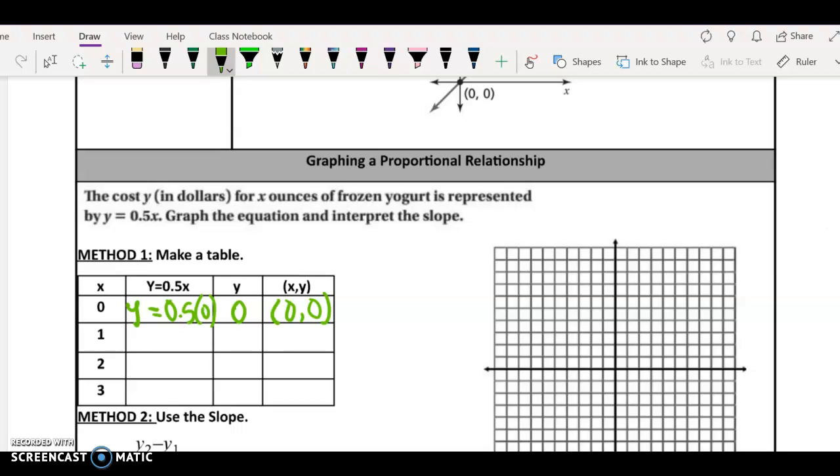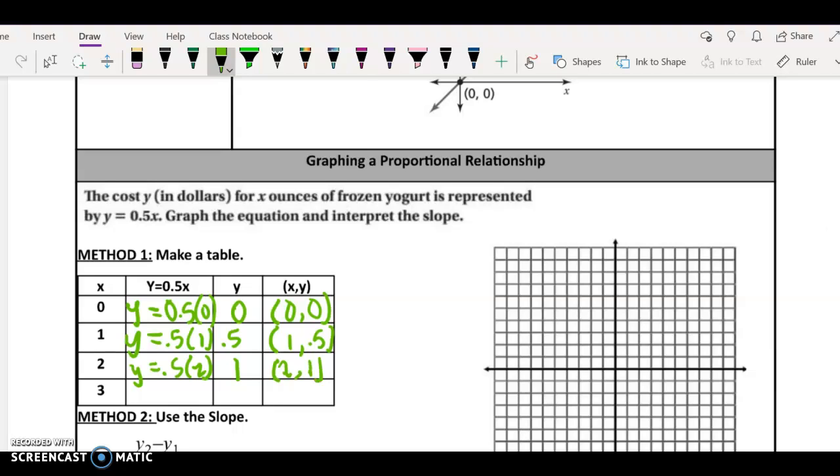When I plug in a 1, so y equals 0.5 times 1, we get 0.5. So my point is 1, 0.5. When I plug in a 2, so y equals 0.5 times 2, I get 1. So 2, 1.